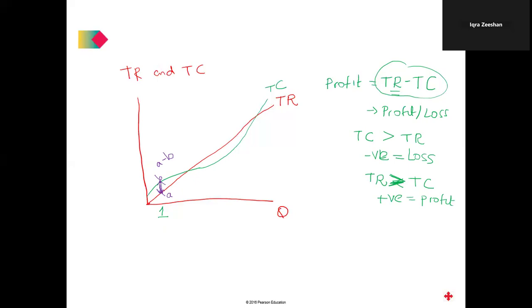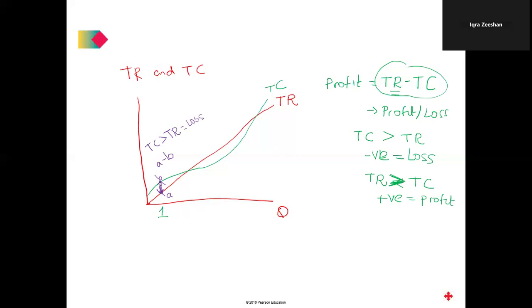So the conclusion is that the vertical distance between total revenue and total cost will indicate either a profit or a loss. In this specific case, you can see that total cost is more than total revenue, and this means that this vertical distance is showing us a loss.